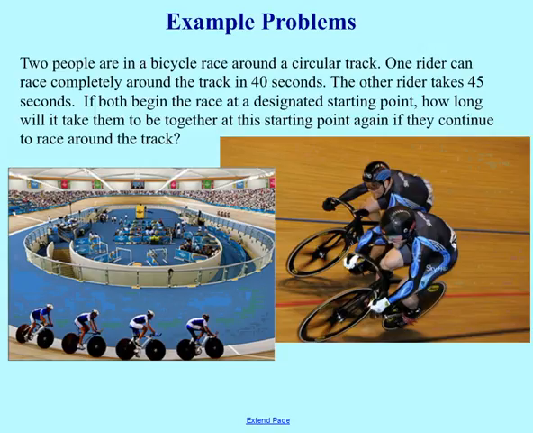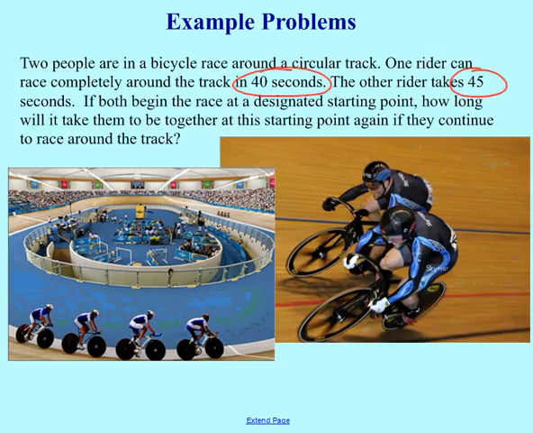If you take the 40 seconds and the 45 seconds that it takes each rider to go around the track, their time will be accumulating as they go around the track. It'll be getting bigger and bigger and bigger. So what we need to know is at what time will the riders match up with each other again? So what we're going to have to find is the least common multiple of 40 and 45.